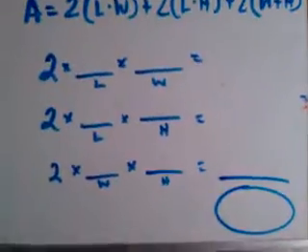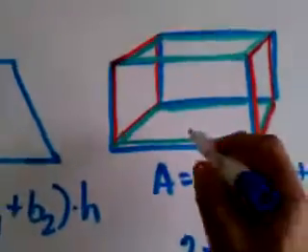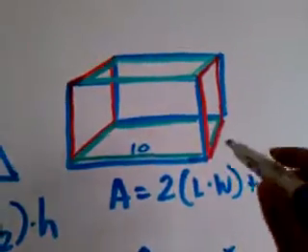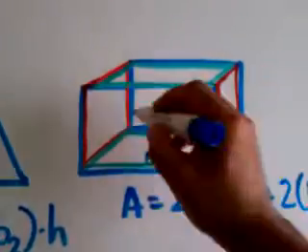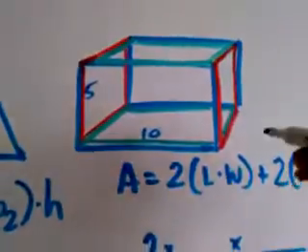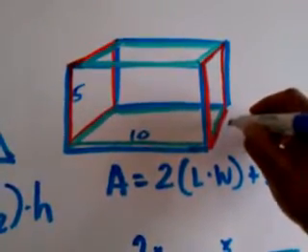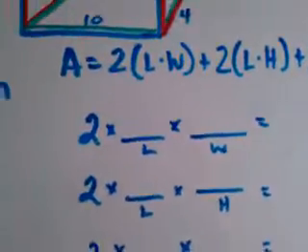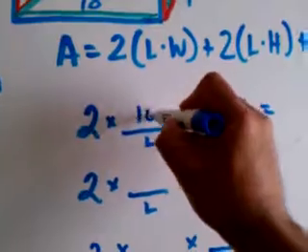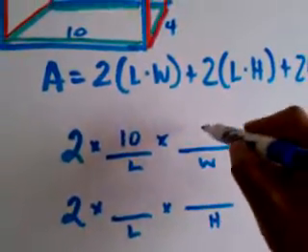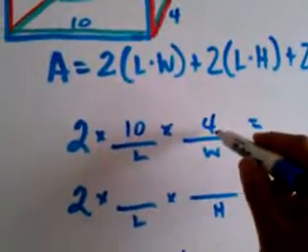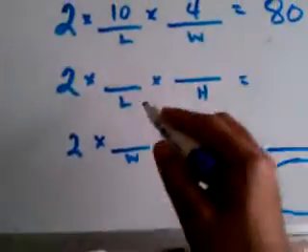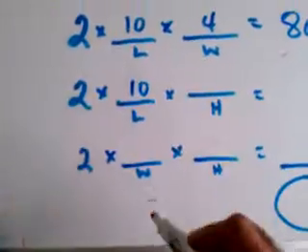So let me give you some numbers we can plug in here. Let's just say that we know our length is 10. Let's just say that we know that our height is 5 and our width is 4. Okay? Let's plug them in. The length we said is 10. The width is 4. 10 times 4 is 40, times 2 is 80. The length here, we already knew was 10.